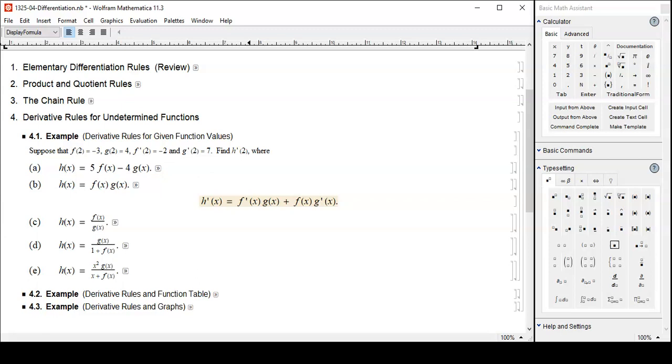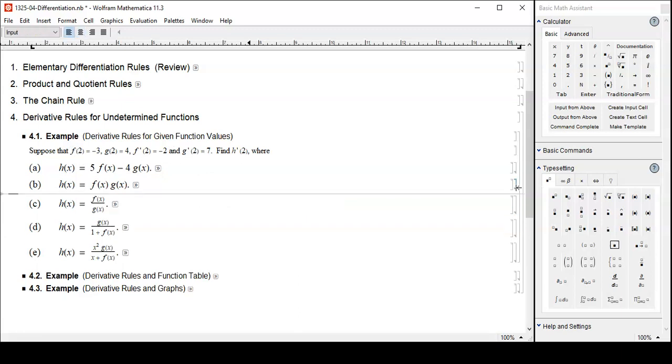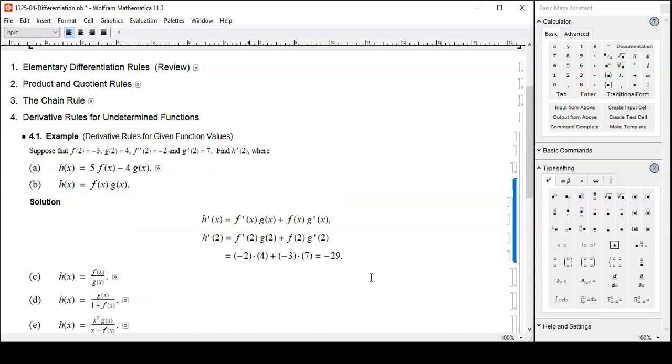Now, if you're interested in h prime of 2, do we know all these values? F prime of 2, g of 2, f of 2, g prime of 2? Yes, we do. So plug in all those in, and we get the answer. Not as simple as before, but pretty good.